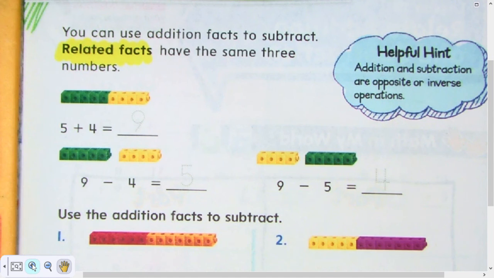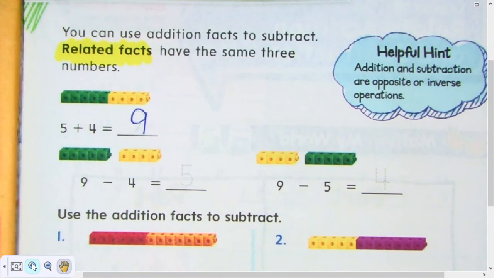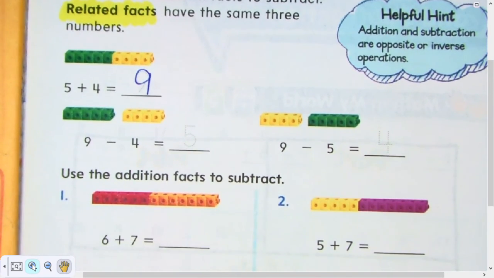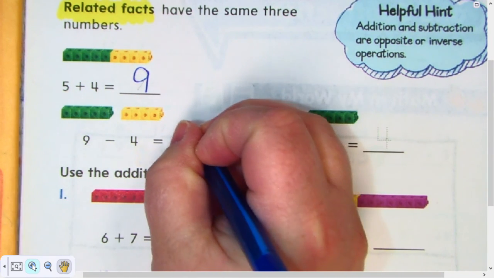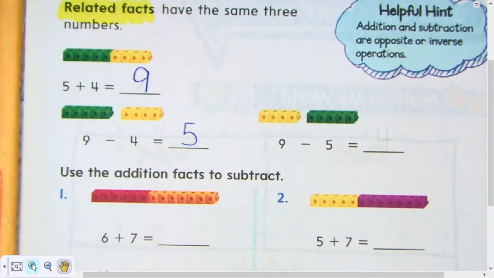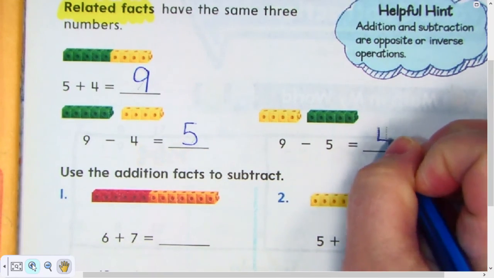So what is 5 plus 4? Yeah, it told us it's 9, isn't it? Well, what if we took those 9 and took 4 away? Those yellows, we took them away. It would give us 5, wouldn't it? Or if we took the 9 and took the 5 away, we flipped it over, it would give us 4.